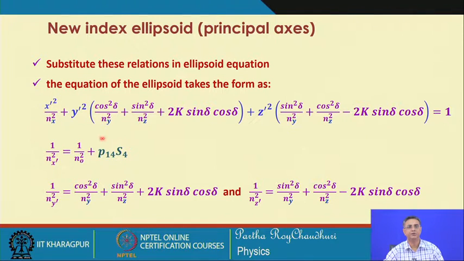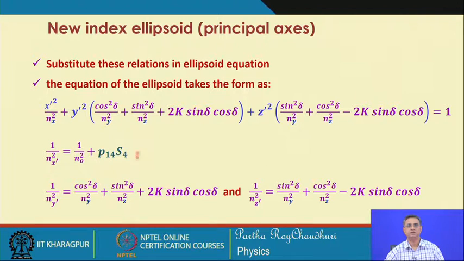So, this quantity will be representing the new 1 by n x dash square, this quantity the new 1 by n y dash square, and similarly this will be 1 by n z dash square.